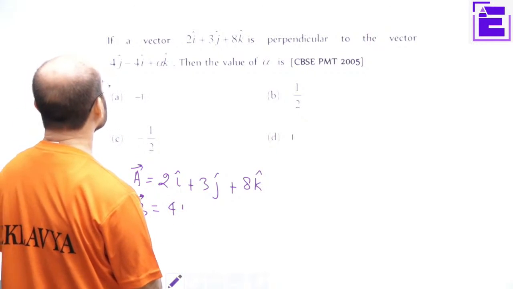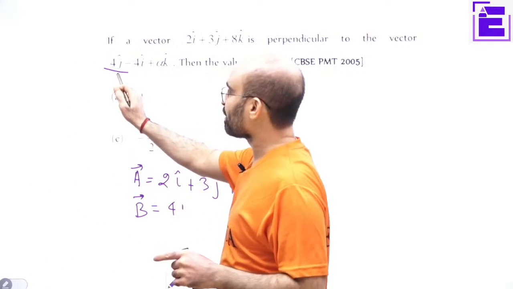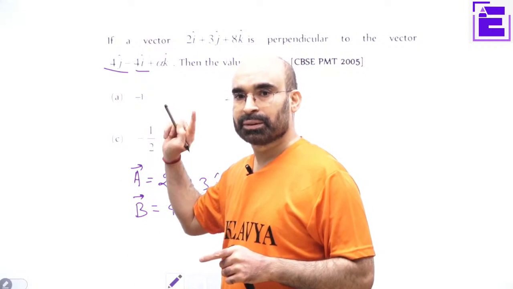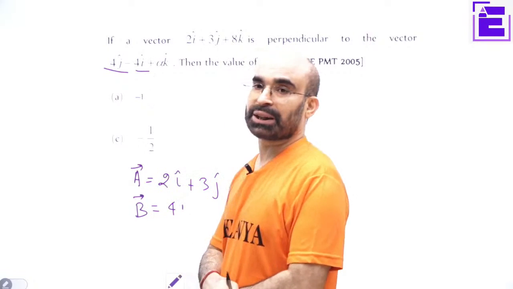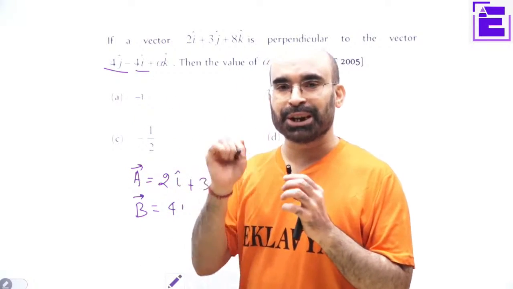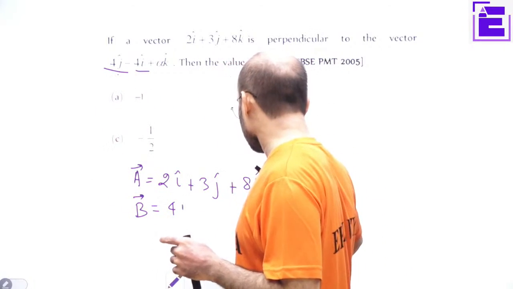Oh, okay. Anyway, this was 4j minus 4i. Then there is something we are going to get differently. This was a mistake. This is where you need to be careful. Actually, this is plus j. We need to do it again.